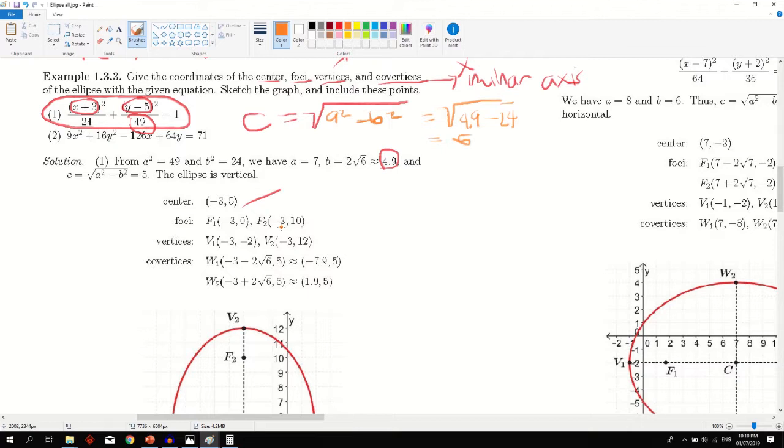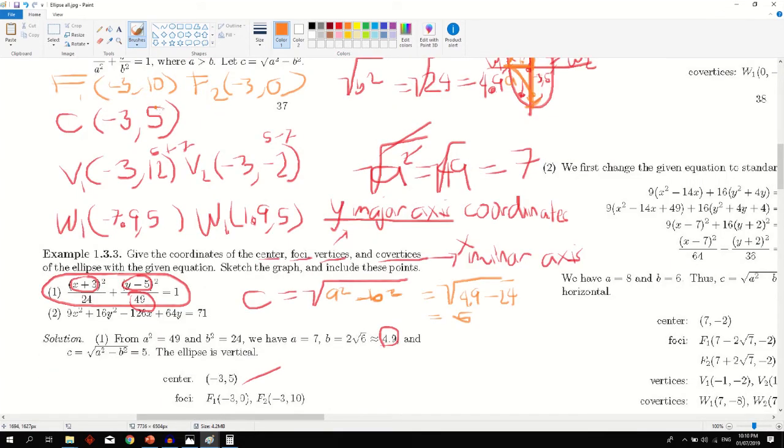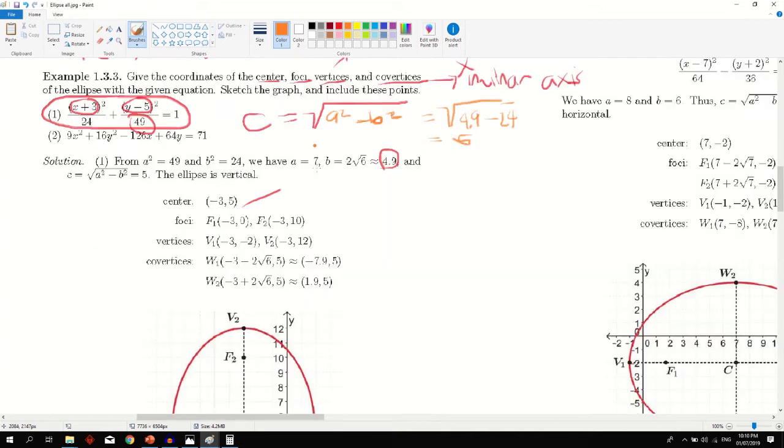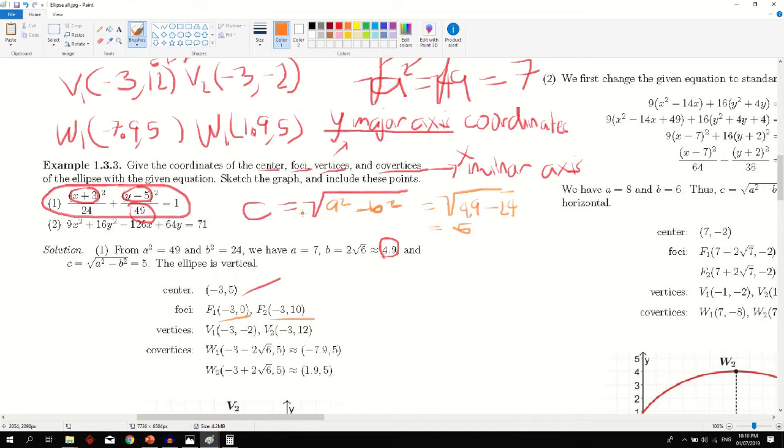So here, negative 3, wait, say again. We have here negative 3, 0. Then negative 3, 10, okay, correct. Then the vertices, negative 3, 12, and negative 3, negative 2, okay, very good.